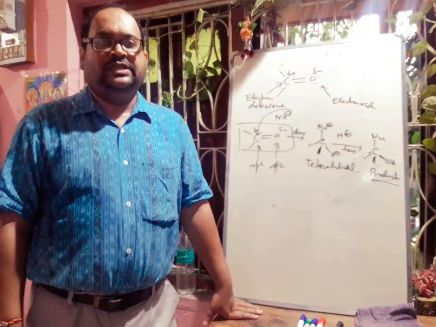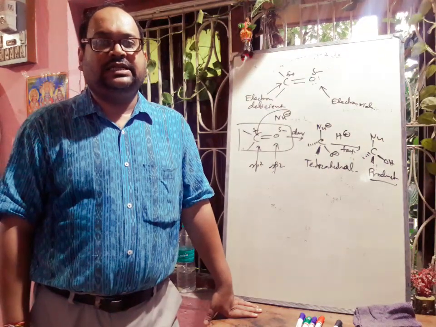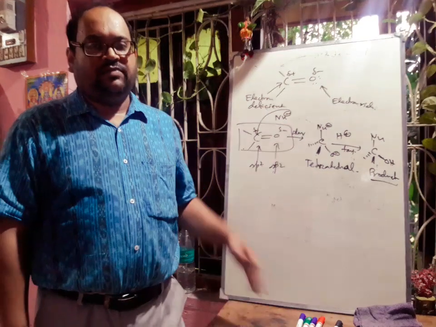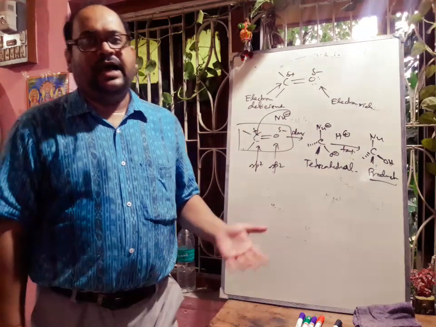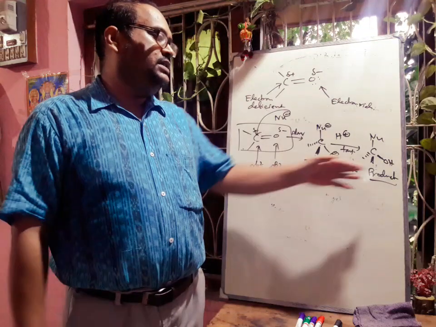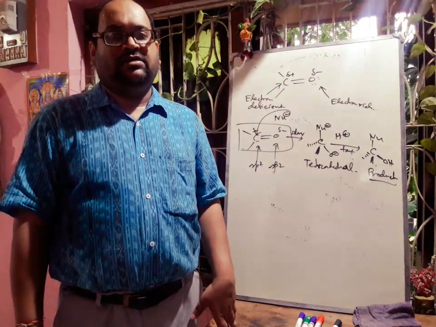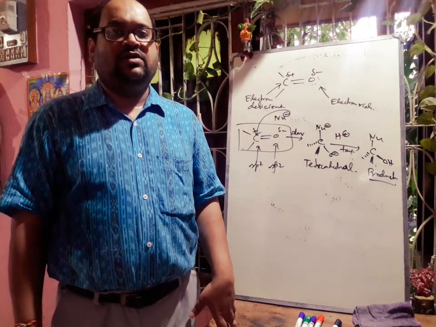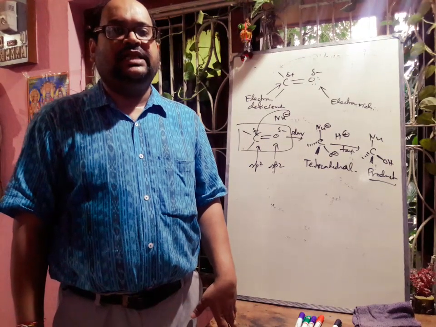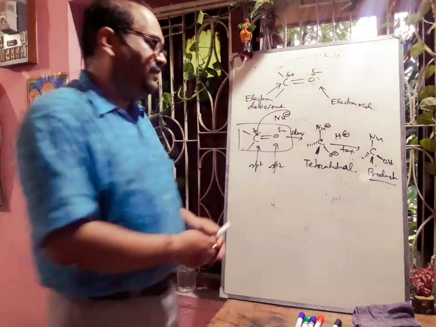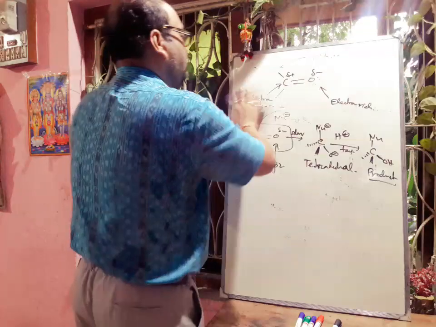In the second step, the negatively charged tetrahedral intermediate picks up one proton and gives the corresponding product. Generally aldehydes are more reactive than ketones, and aldehydes undergo nucleophilic addition more readily than ketones. There are two factors. One is called steric factor and another is called electronic factor.